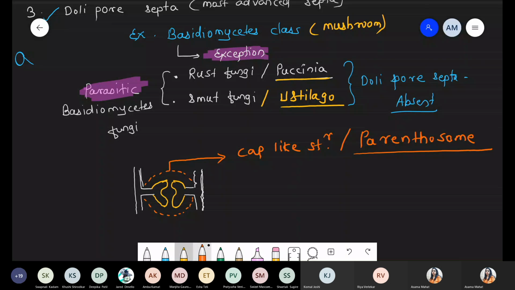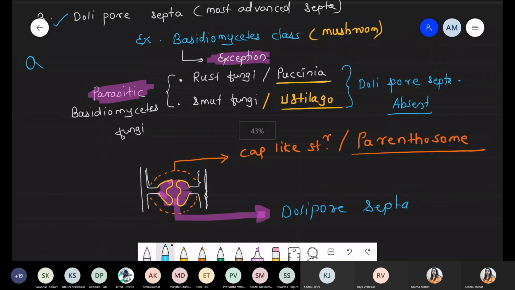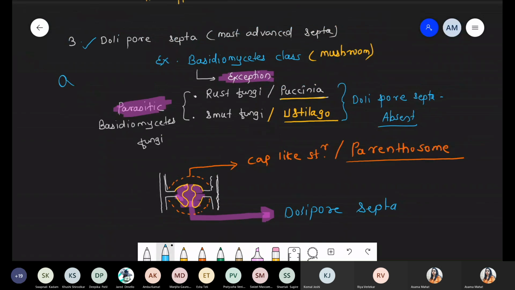And at the center, the part we are highlighting here, you can recognize as the dolipore septa. Okay, that's it. No question on the diagram. It's just for your understanding of how exactly it will look. That's it.